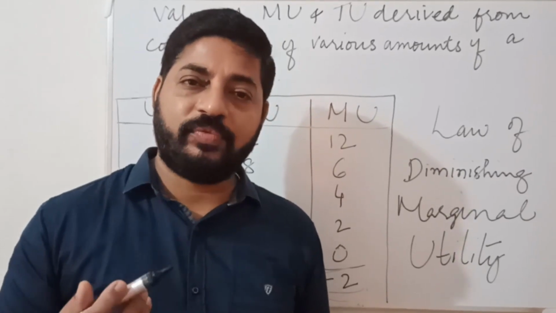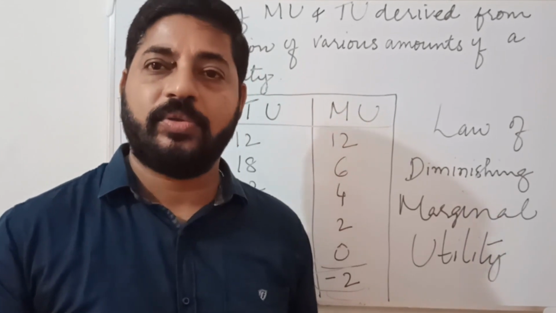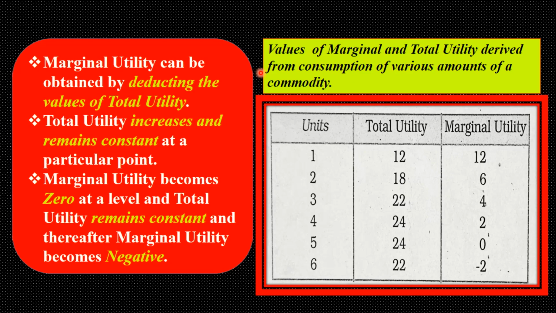Law of diminishing marginal utility will be more clear to you through the graphical representation. Have a look at this slide. The given table shows values of marginal and total utility derived from consumption of various amounts of a commodity.